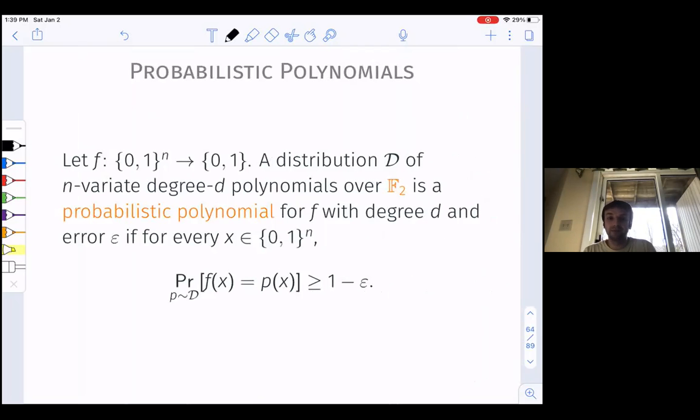If I have a function again from n bits to 1 bit, then a probabilistic polynomial is a distribution of polynomials over F2 such that for every input, a random polynomial correctly computes the value of my function on this input with all but negligible probability. So a probabilistic polynomial is a distribution of polynomials over F2 such that for every input, a random polynomial gives the correct answer with probability 1 minus epsilon. Okay? Approximate polynomials are over the reals, probabilistic polynomials are over F2.